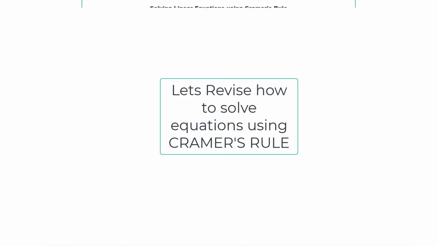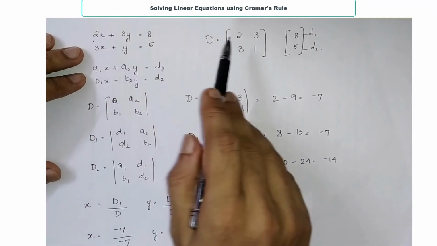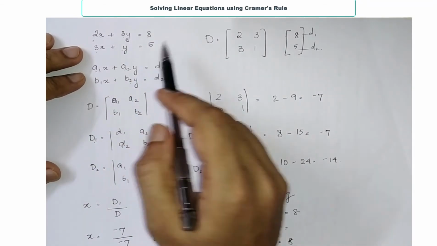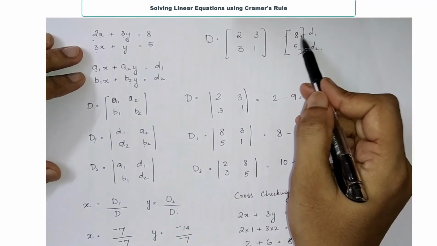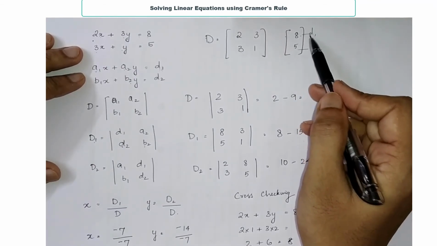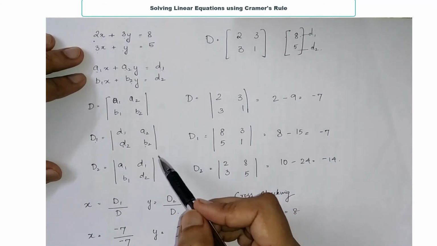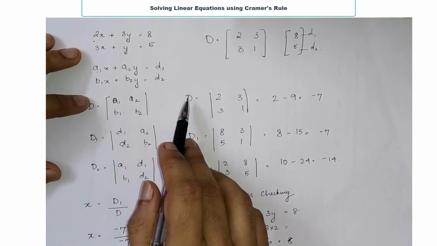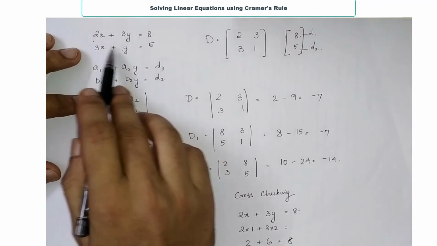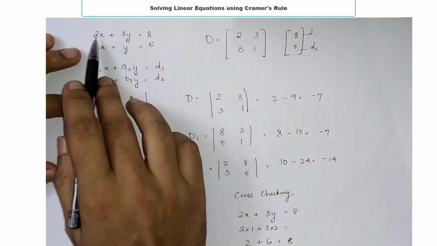I hope you understood. What we did initially is that the coefficients were made into a matrix determinant D, and the solutions were put in a column denoted by d1 and d2. First we made the determinant D from the coefficients of x and y.